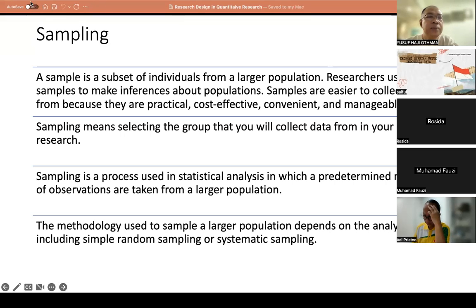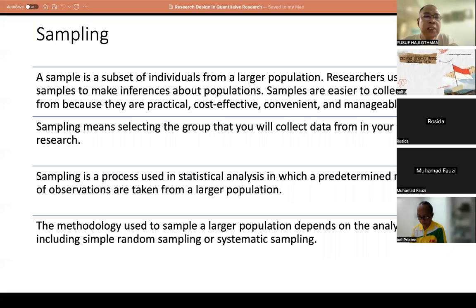So now sampling, yeah. So what is a sampling? What is a sample? A sample is a subset of individuals from a larger population. If you have 15 million individuals in the population, you choose only a sample, a subset of individuals.